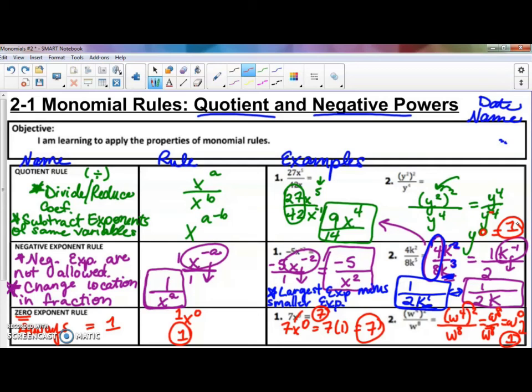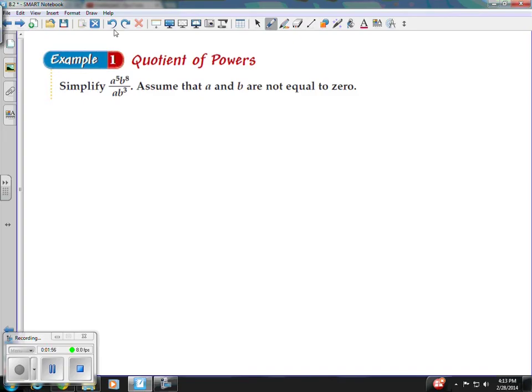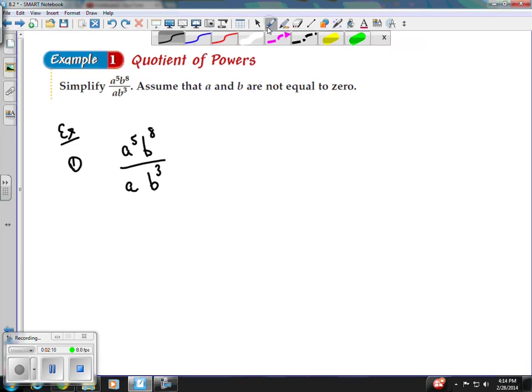Alright, so let's see some more examples. So our first example has a to the 5th, b to the 8th, all over a, b to the 3rd. So, we first look, that fraction bar tells us we're dividing, so we first want to divide our coefficients.